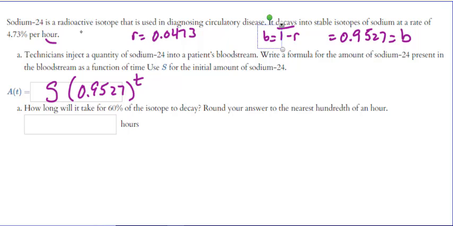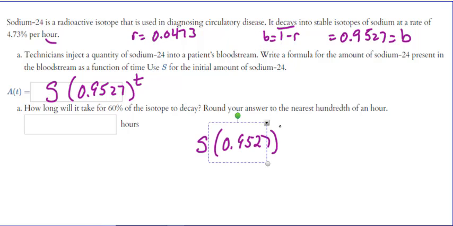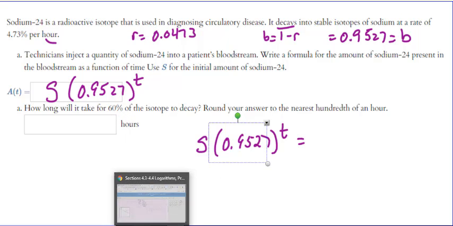Now, how long will it take for 60% of the isotope to decay? Round your answer to the nearest hundredth of an hour. I'm pretty sure it's going to be 0.4 raised to T, but I don't want to tell you something wrong.